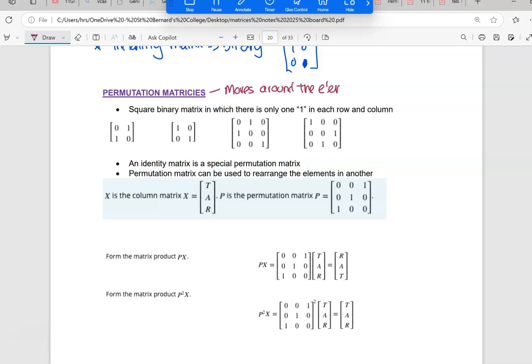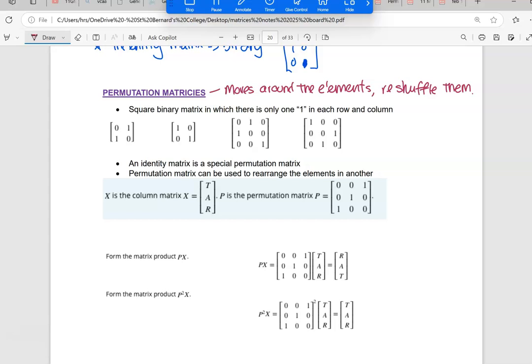It can reshuffle them. Sometimes we need that because a certain calculation's not going to work if the info is a certain way. We might want it a different way. Or we might use permutations to move around data, to shuffle it around.